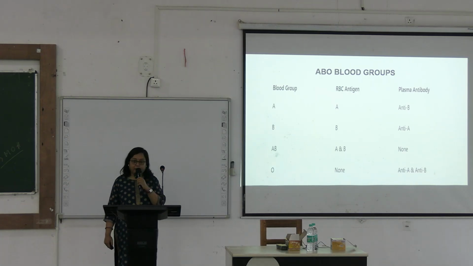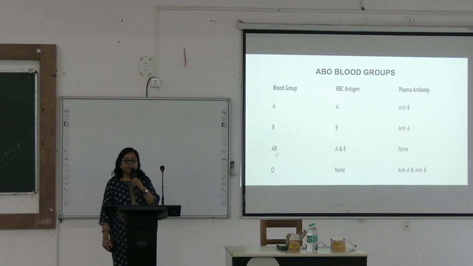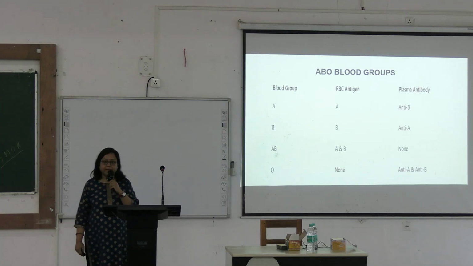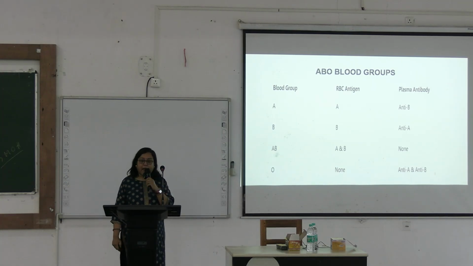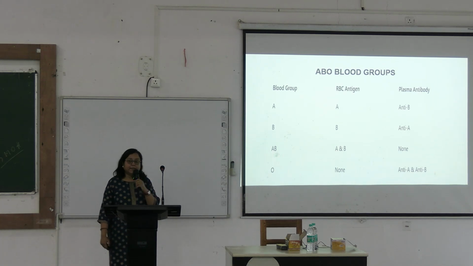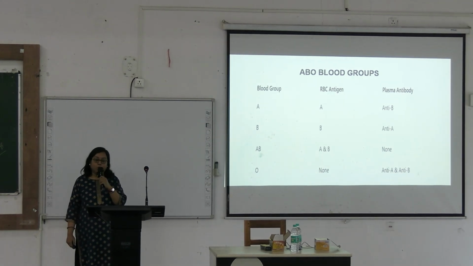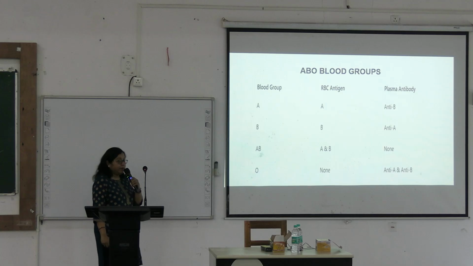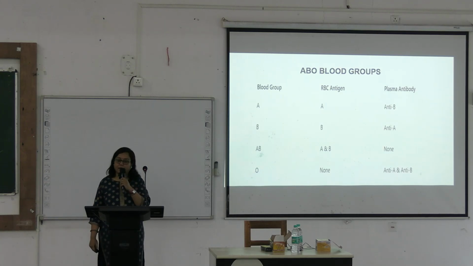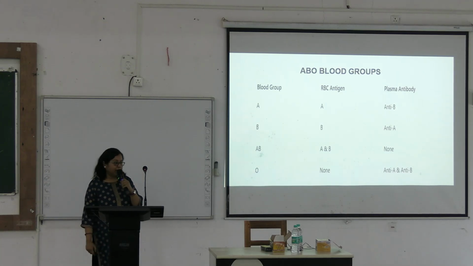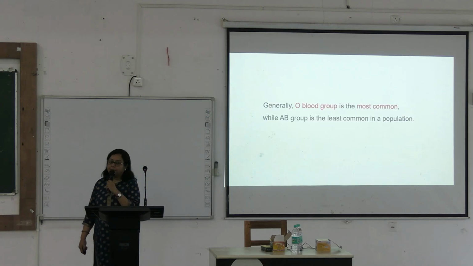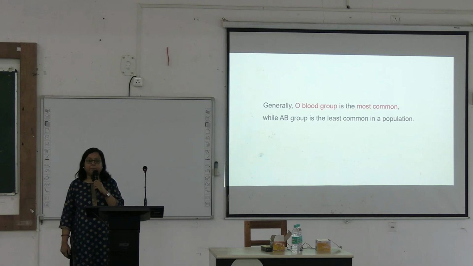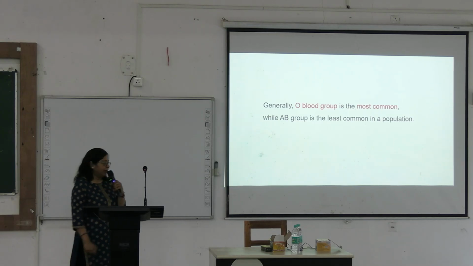In case of AB, both A and B antigens are present on RBC, but the plasma antibody is absent. In patients with O blood group, there is no antigen on RBC, but in plasma, both anti-A and anti-B antibodies are present. Generally, O blood group is the most common, whereas AB blood group is the least common.